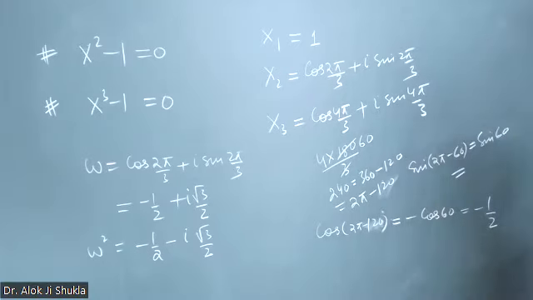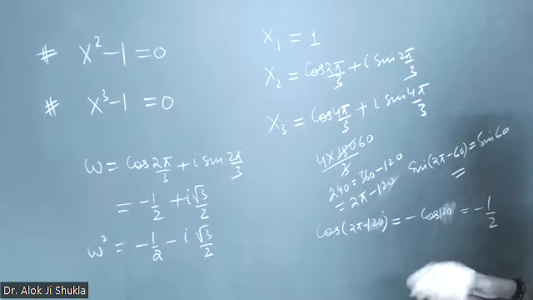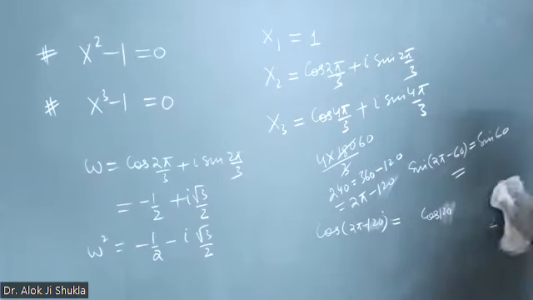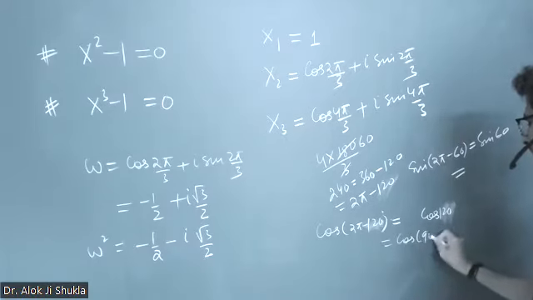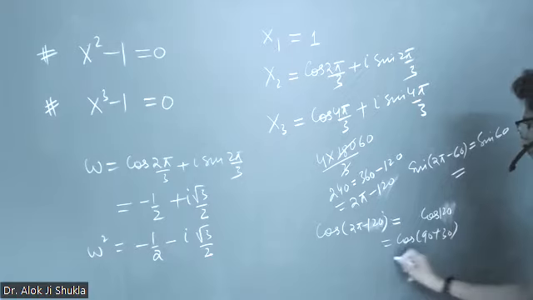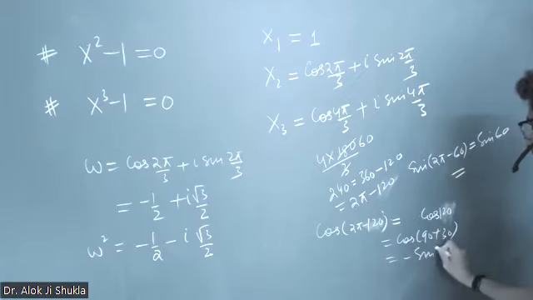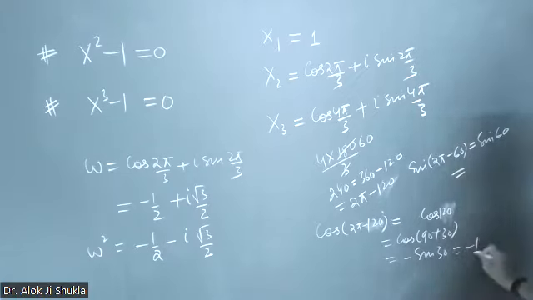Yes or no? Cos 120. And this will be positive. So this will become cos of 90 plus 30, which will be minus sine 30. So it will be minus half. Yes, tell me, what are you asking?